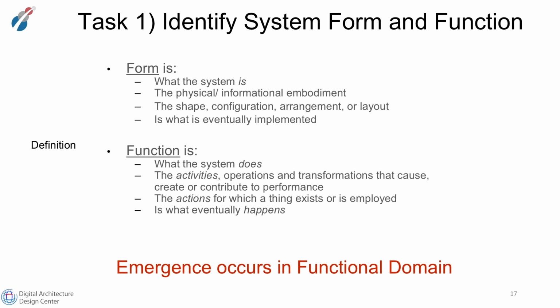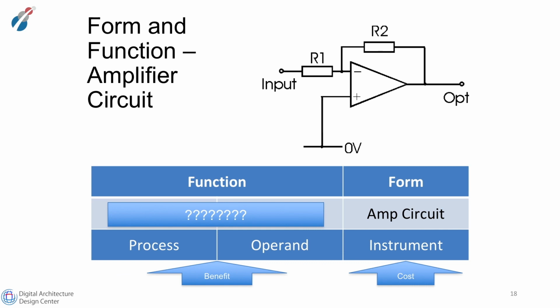It can be triggered by the form domain, but it goes through the functional domain. To illustrate this, I want to go through some very simple examples with you and look at form and function. Then we'll do that again for a set of systems, and we'll dive deeper in the next step.